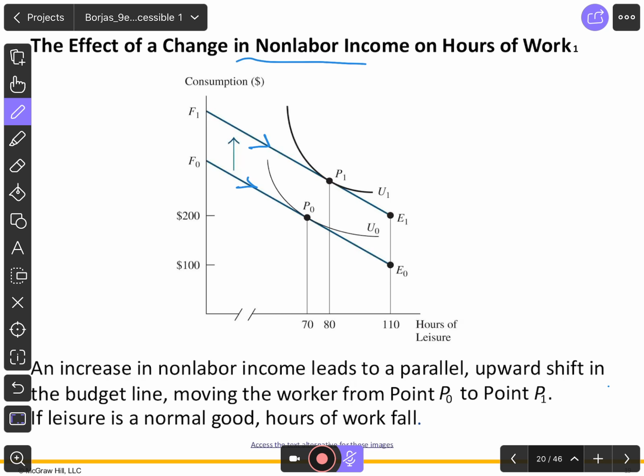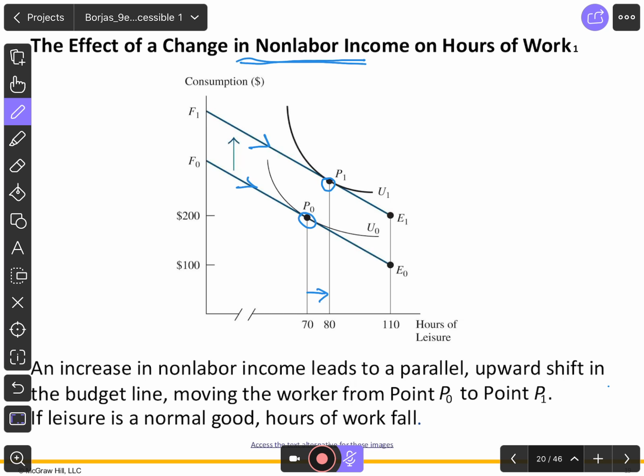If we have an increase in non-labor income, we will move from point P0 to point P1, and as we can see, the worker is enjoying more hours of work. So with the increase in non-labor income, there is an increase in hours of work.